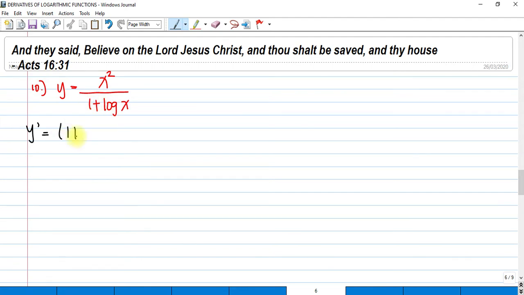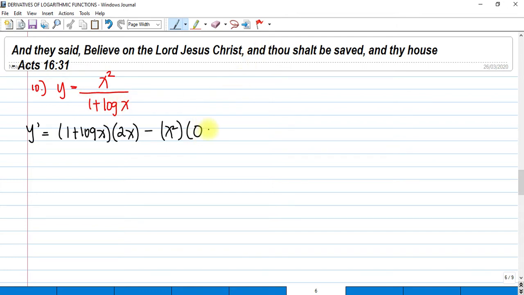So we copy the denominator. We multiply it by the derivative of the numerator. We have 2x minus, again, okay, copy the numerator and multiply it by the derivative of the denominator. In this case, we have 1 plus log of x.